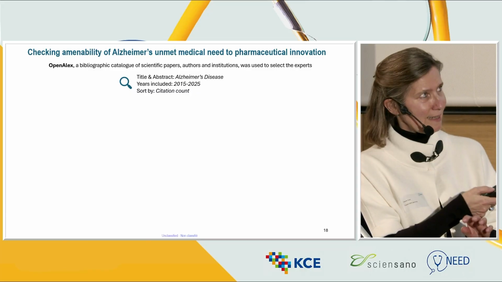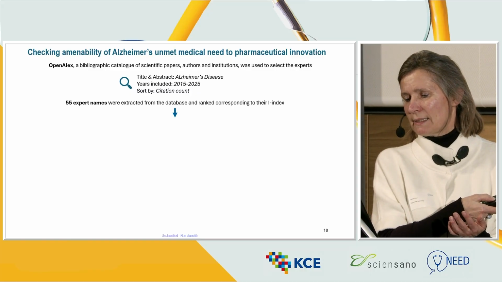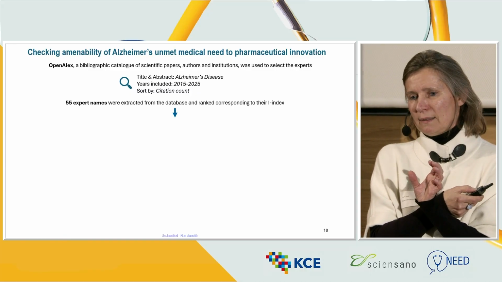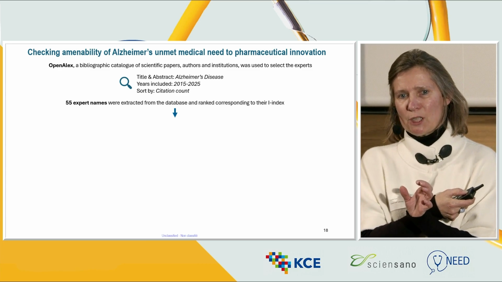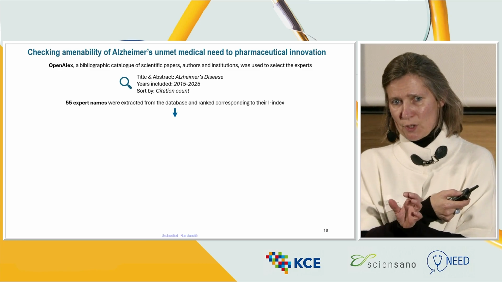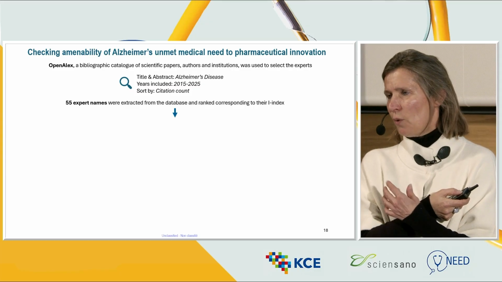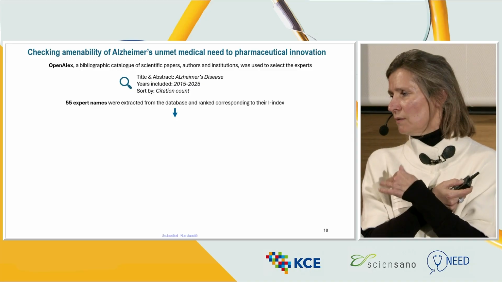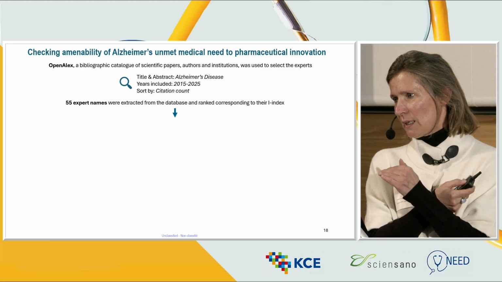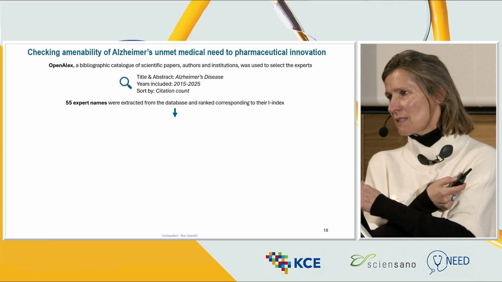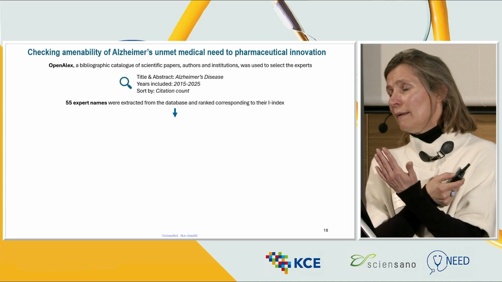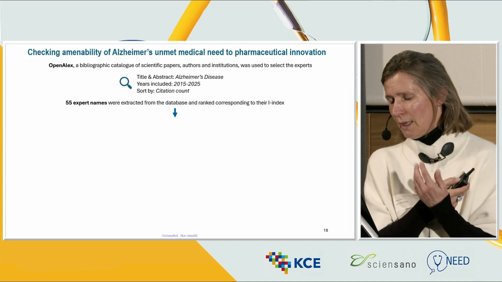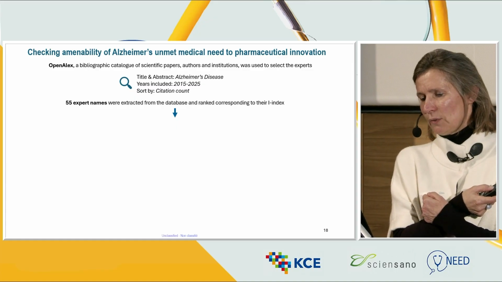I can see it, but this is the way we selected the experts: experts who have published in the past 10 years in academic journals, and who have been ranked according to their H index, which is the number of papers that have been cited at least 10 times. So they are expected to be the leading academics in their field.